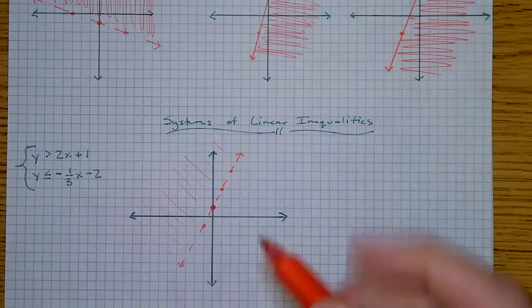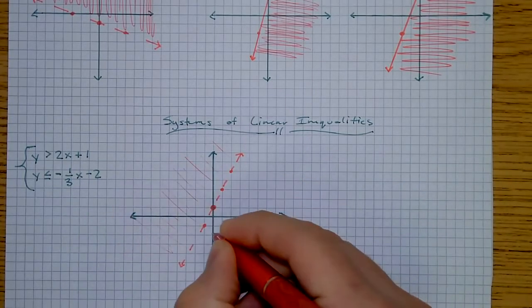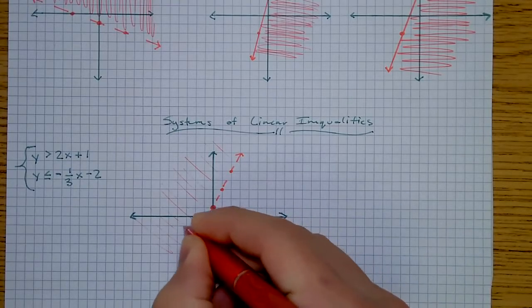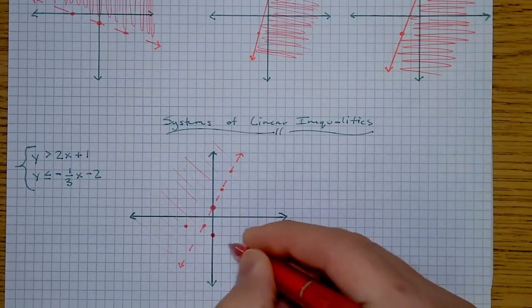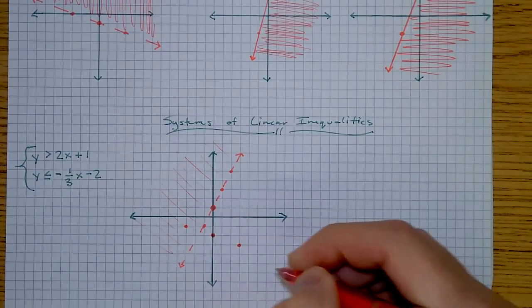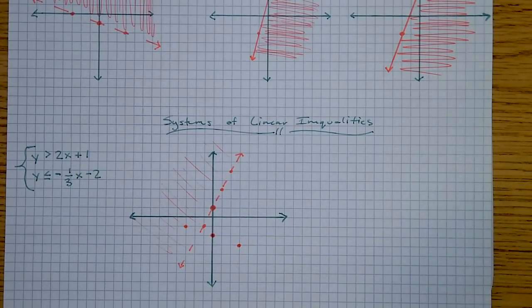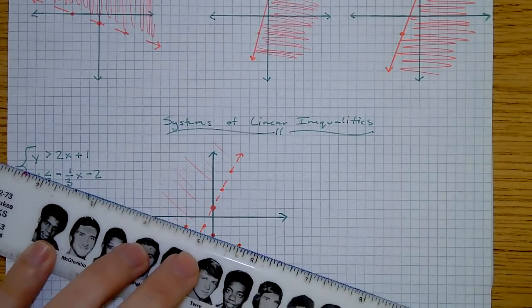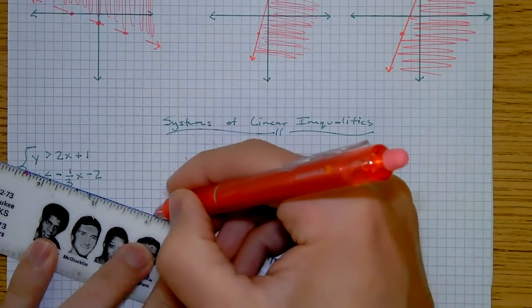When we go to graph the second one, start at -2. Slope of -1/3, so we go up 1 to the left 3 or down 1 to the right 3. We're going to use a solid line since it's less than or equal to.